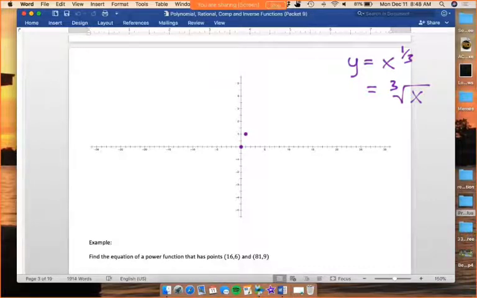Okay, this is obviously going to be stretched. We still have 1, 1. Then we have 8, 2, because the cube root of 8 is 2. And then our next perfect cube is 27, and its cube root is 3. But you could take the cube root of negative numbers.